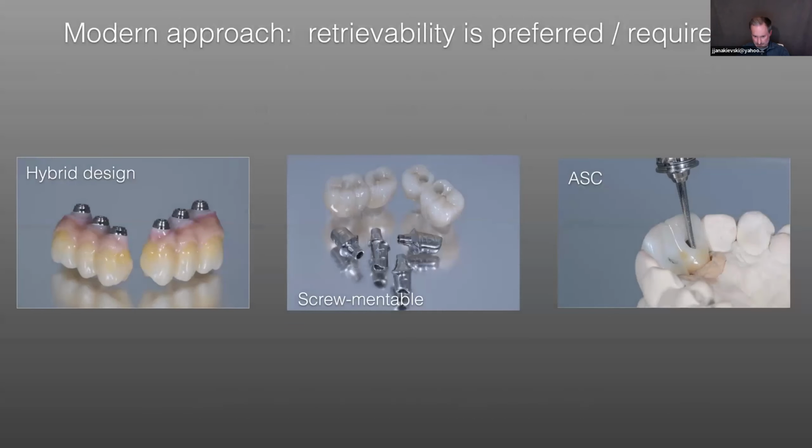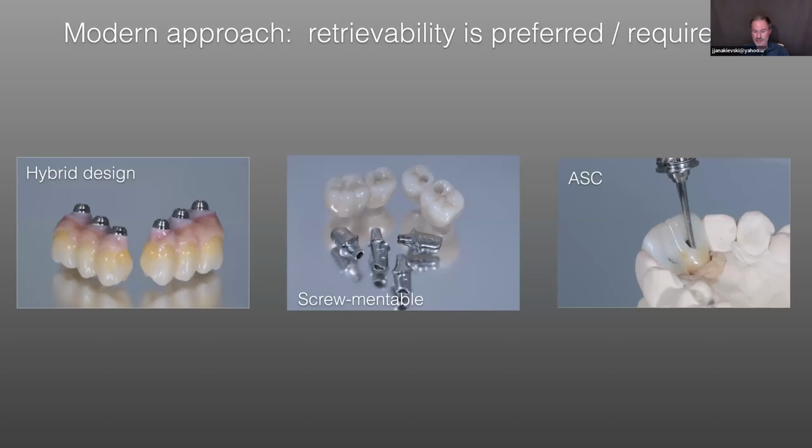So given that, we've looked back and began to redesign our prosthetics based on our experience these last few years. I would say the majority of clinicians now consider the more modern approach, that retrievability is the preferred technique to use for prosthetics. In fact, some might even say that it's required.